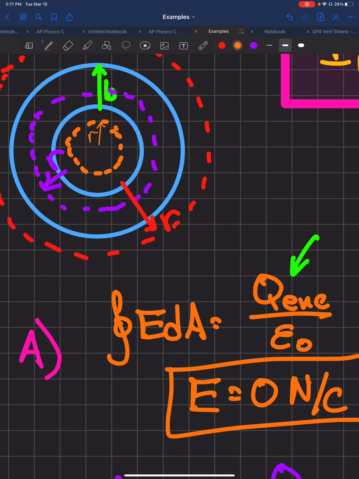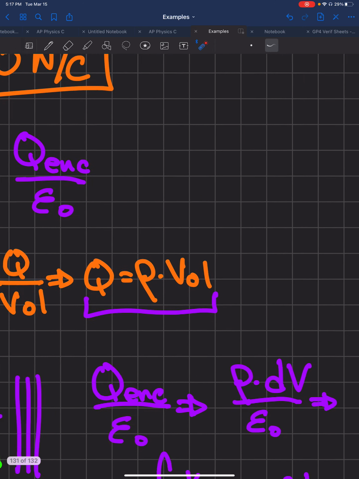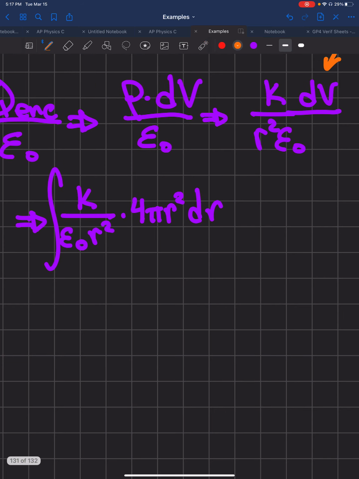Well, the limits of integration are going to be from wherever the charges start, radius a, to wherever we drew our Gaussian surface. So our limits of integration would be from a to r. If you want to call it r prime or capital R, it's fine. That's just the radius that we've decided to have our Gaussian sphere.